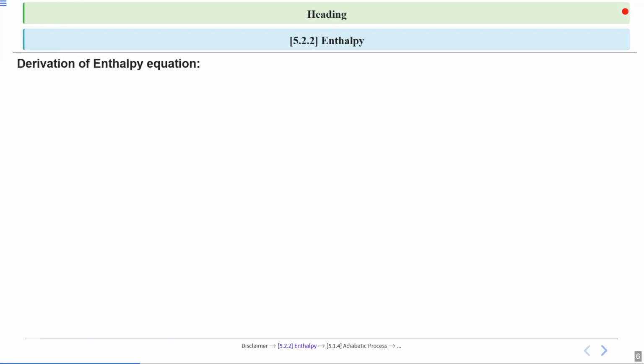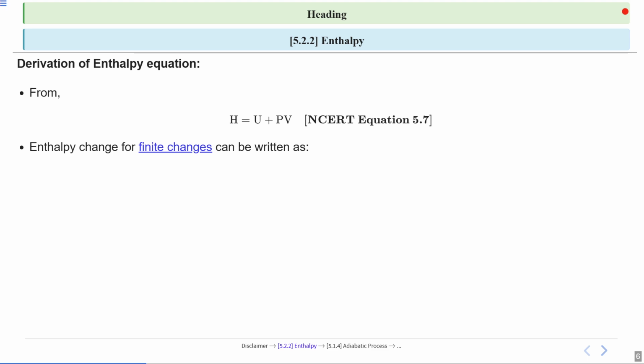Now we will try to derive a useful equation for the change in enthalpy. For that, we will take the original equation of enthalpy, which is H is equals to U plus PV, and we will write it for finite change. So how do we represent change in thermodynamics?